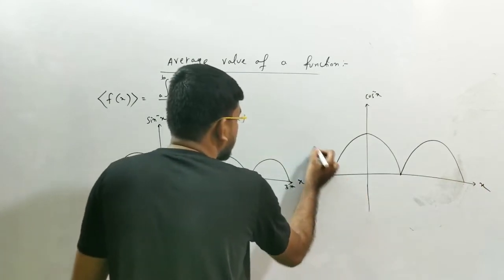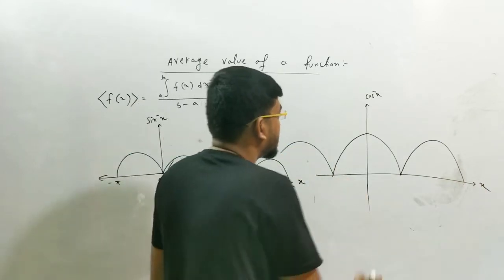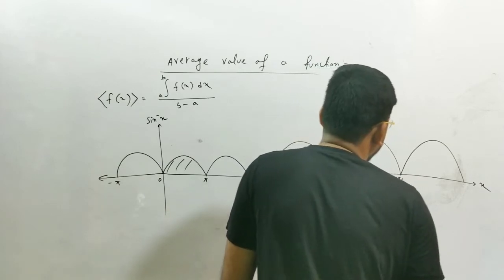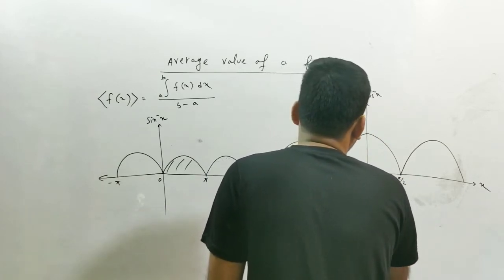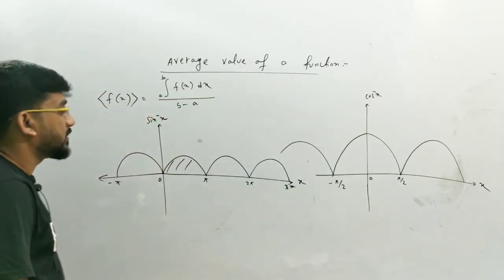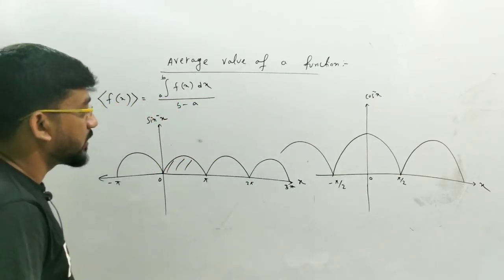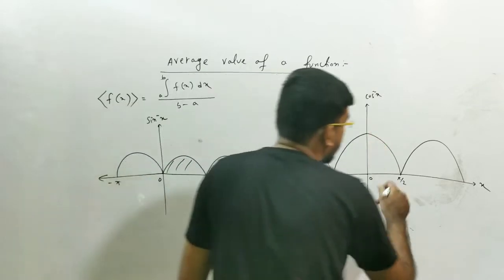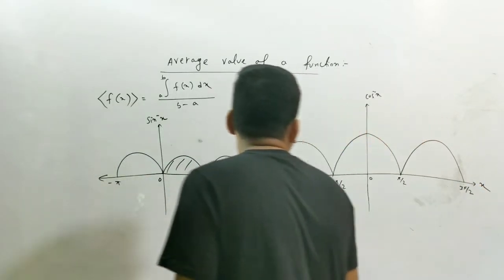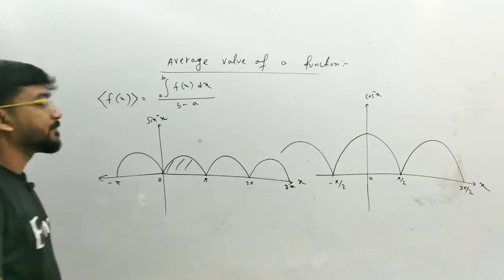Here this is 0, this is pi by 2, and this is minus pi by 2, and the period is pi, and this is 3 pi by 2, so this is the same.